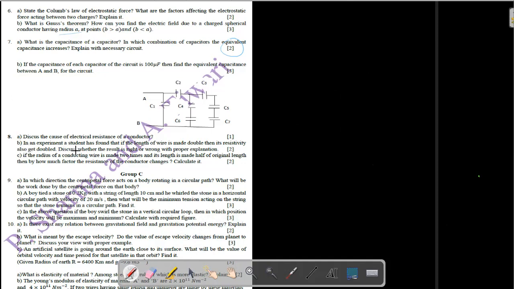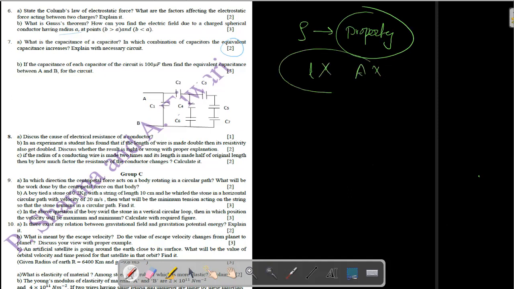In an experiment, a student has found that if the length of wire is made double, then its resistivity also gets double. Discuss whether the result is right or wrong with proper explanation. You have to know that resistivity is just a property of material. It is independent of length. It does not depend upon length, area, or anything else.